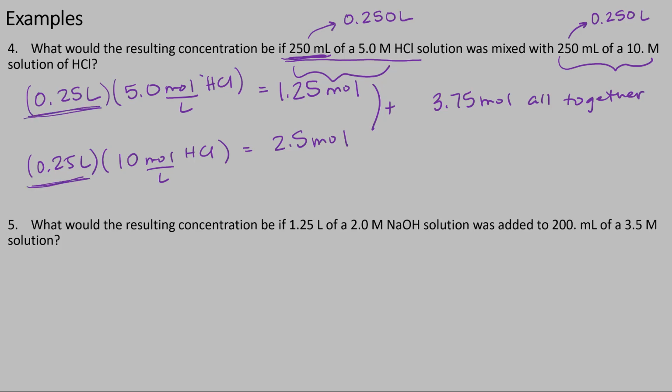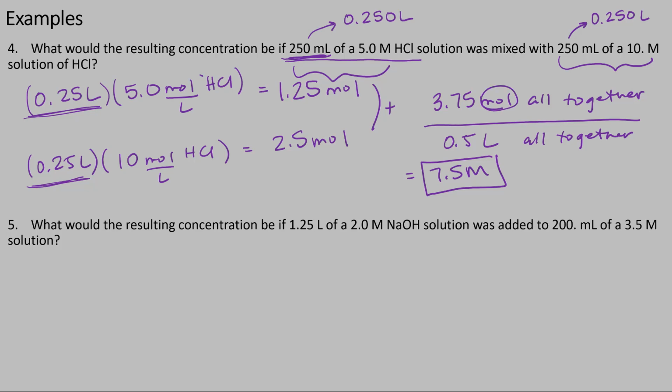So all together, I have 0.5 liters altogether. So that is going to give me 7.5 molar, because I take the moles and I divide by the liters to get molarity.